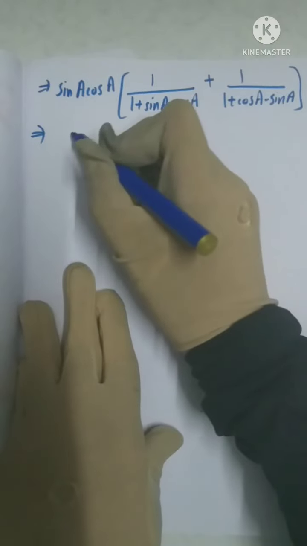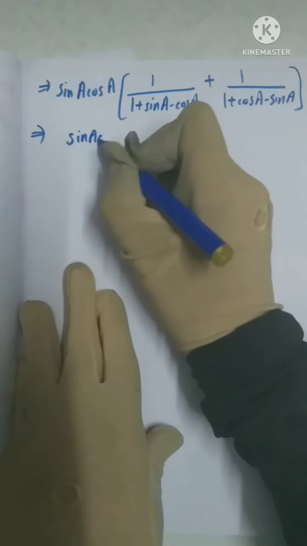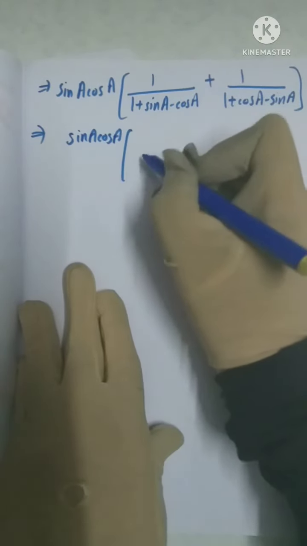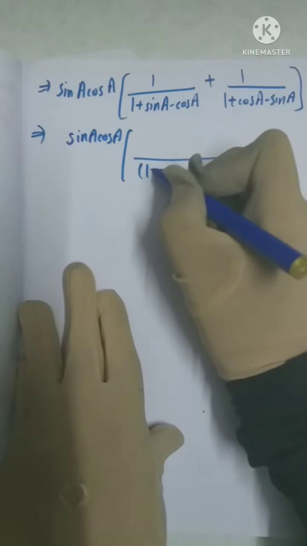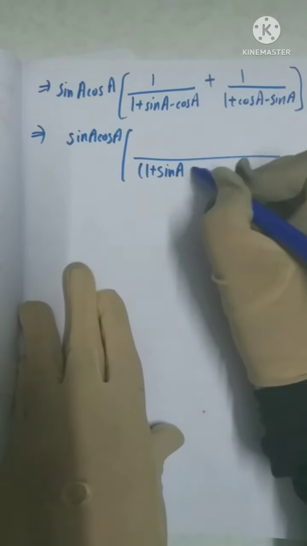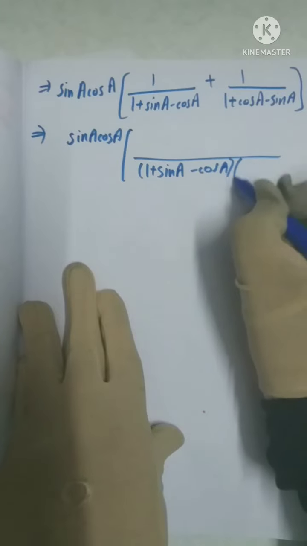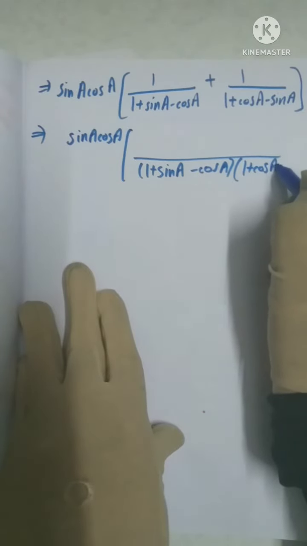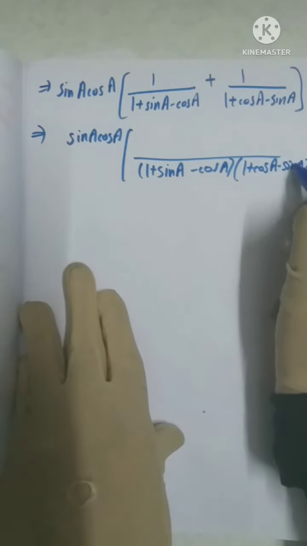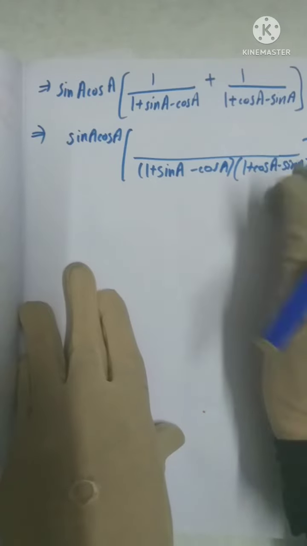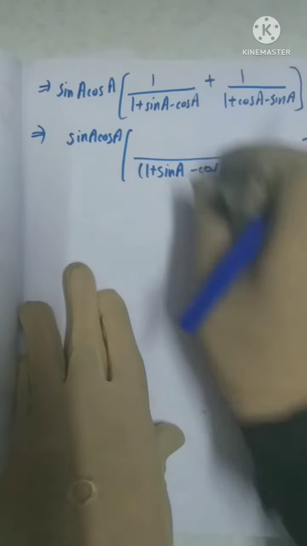Of here sin A into cos A into LCM of 1 plus sin A minus cos A into 1 plus cos A minus sin A we have. Now what we can do here? This denominator divided by this denominator.